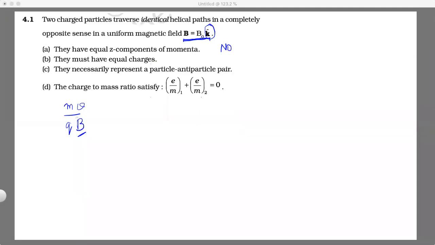Okay, so what can we say now? We know that for this R to be the same, the vertical component should be constant to get the same R, and so should the horizontal component, but in the opposite direction. So what do we get?